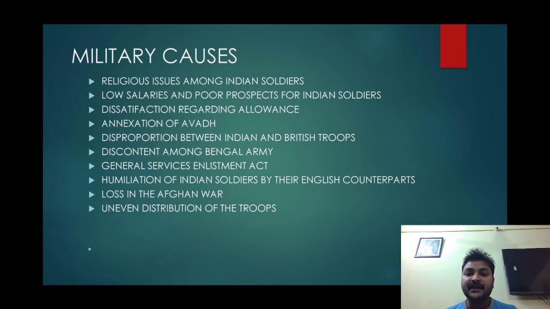Now, in India, you already know that in the past we had casteism. Casteism means a person from a higher class is never going to eat with a person from a lower class. But in the military, everyone was treated equal. Why? Because the military was controlled by Britishers and they treated everyone equally. So there were some religious issues among the soldiers.